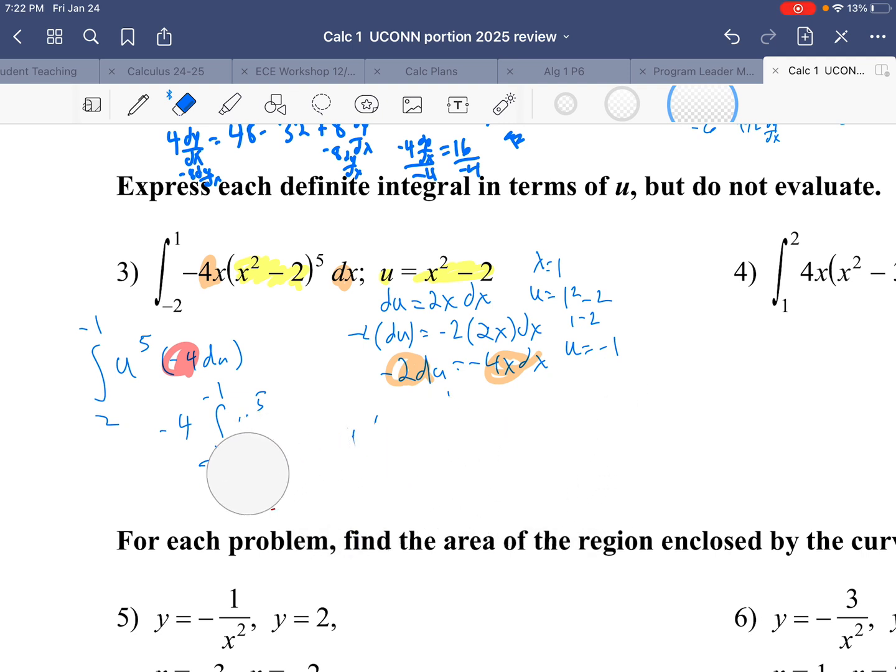So, all of this was true. I was looking at the negative 4x dx.